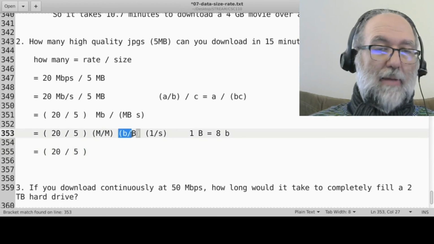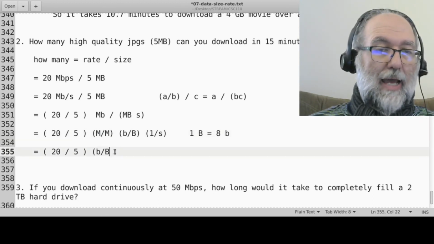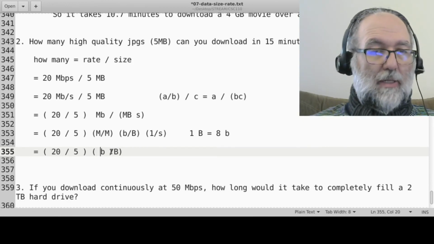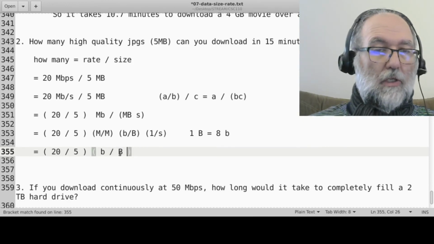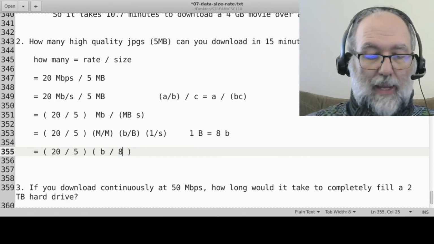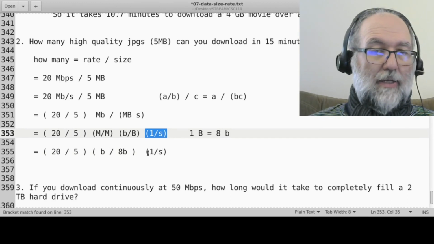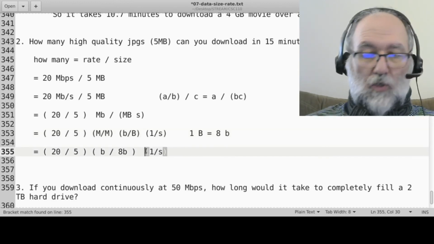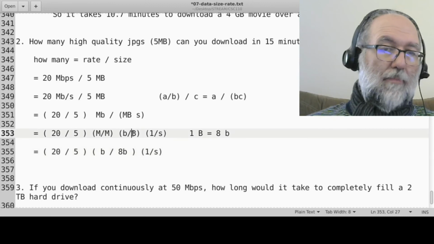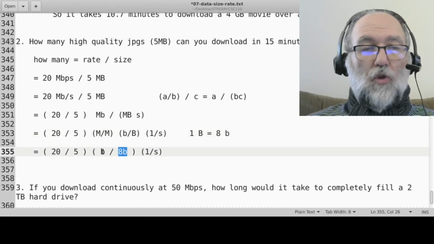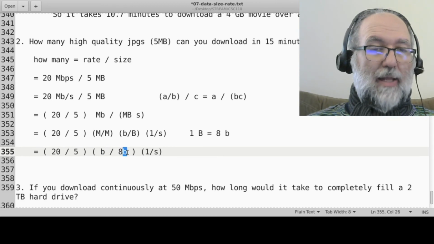And then the bits divided by byte, like that, you could just take that byte there and replace it by 8 bits. Let me spread it out here, put some spaces in there. And then we still have the per second, like that. So here, I just took the byte there, replaced it by 8 bits. And now you'll notice that a bit divided by a bit, that cancels.